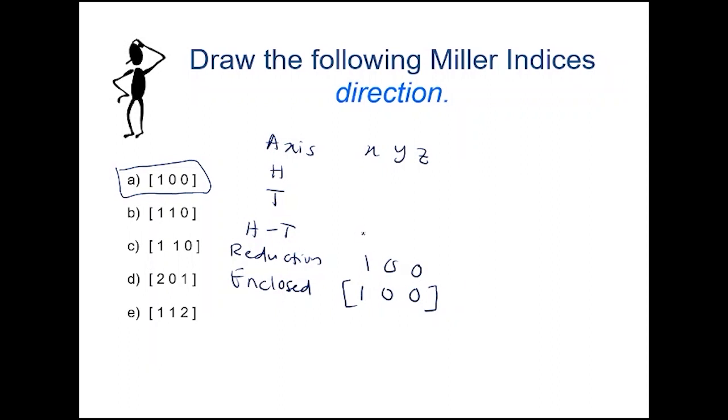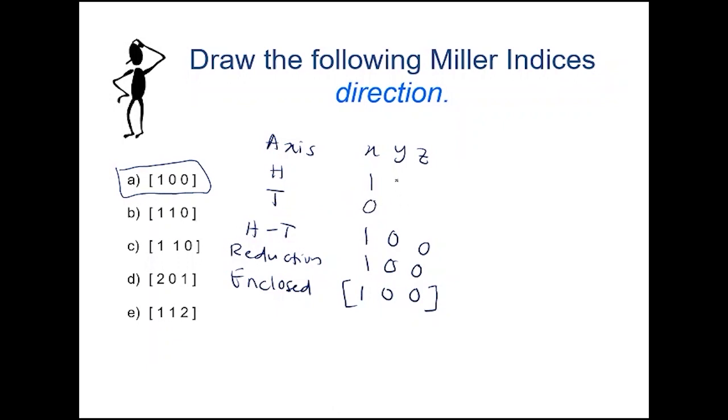Head minus tail will be the same because we don't have any number more than 1. When we have more than 1, we need to do reduction. For head minus tail to be 1, we make the head 1 and the tail 0.